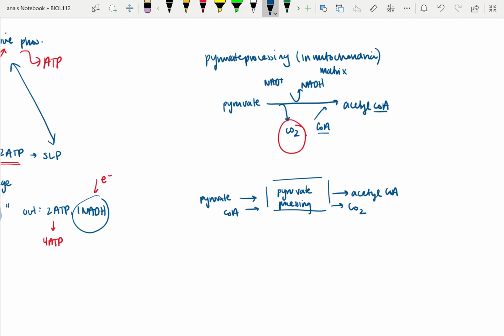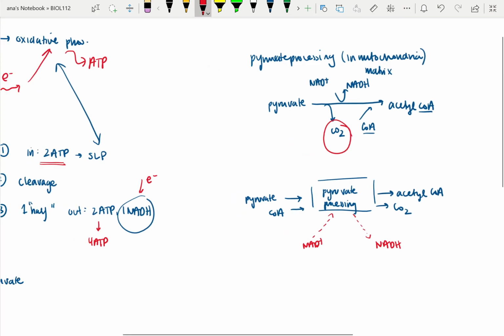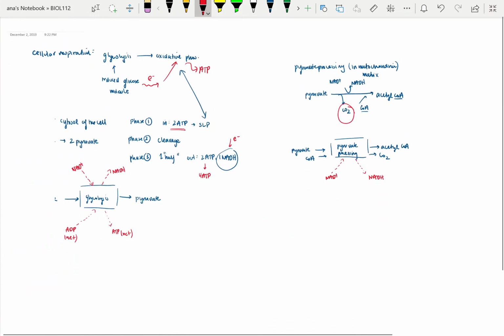And for our high energy molecules, we're inputting 1 NAD plus, and we're reducing that to get an NADH out. So overall, we're releasing something that's a really oxidized form of carbon, which is CO2, and we're also reducing NAD plus to get more NADH, which we will later cash in when we get to oxidative phosphorylation.